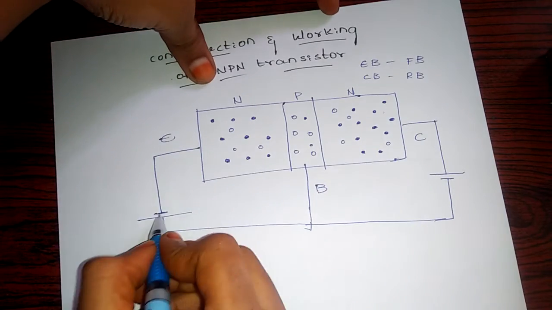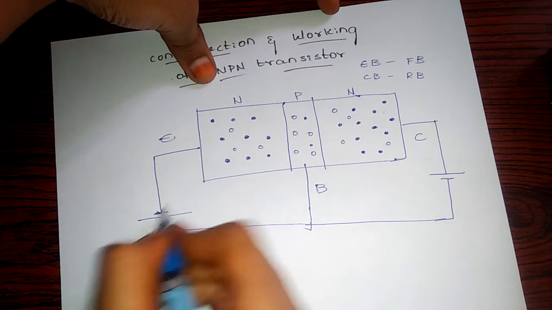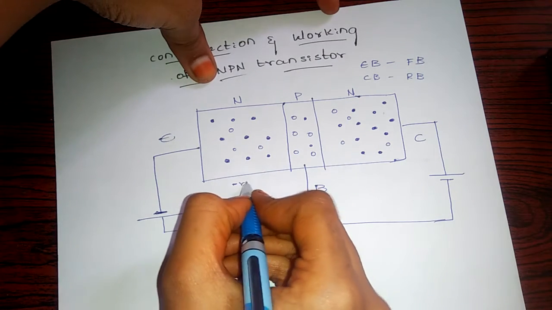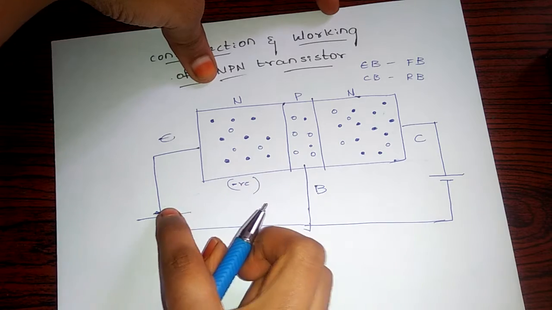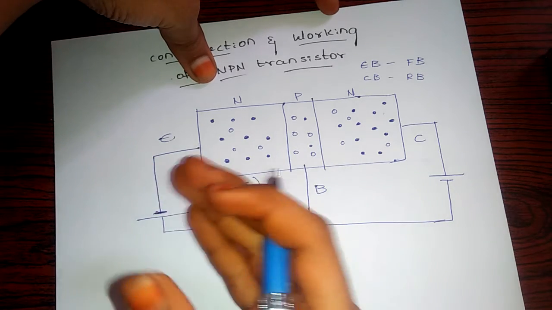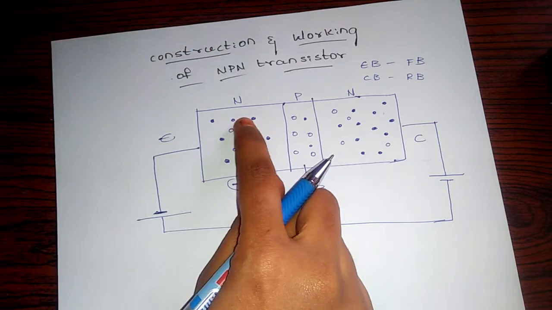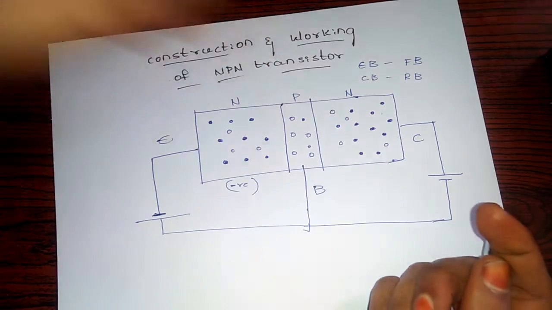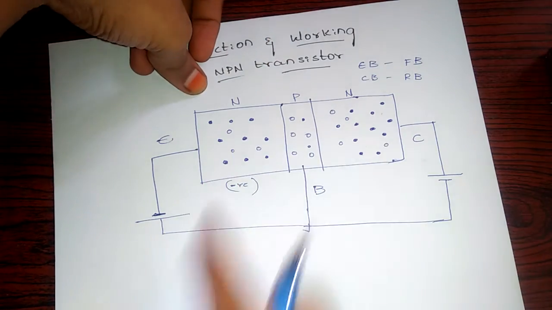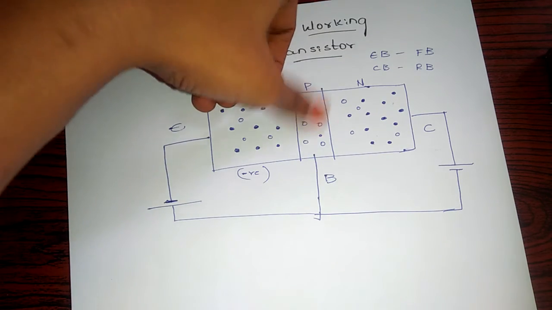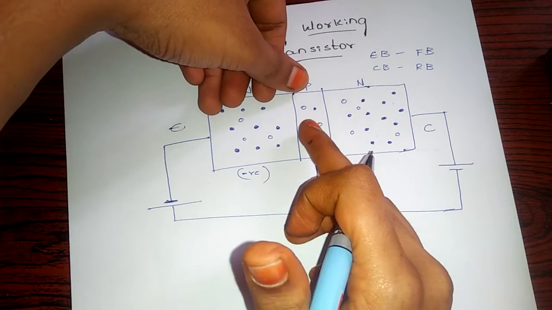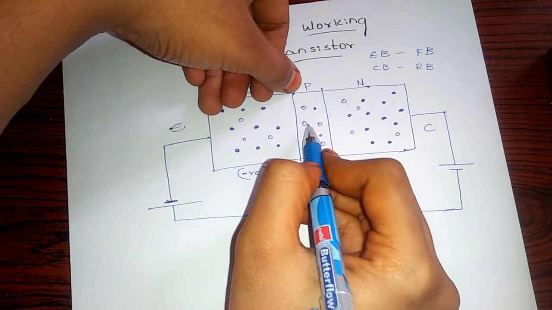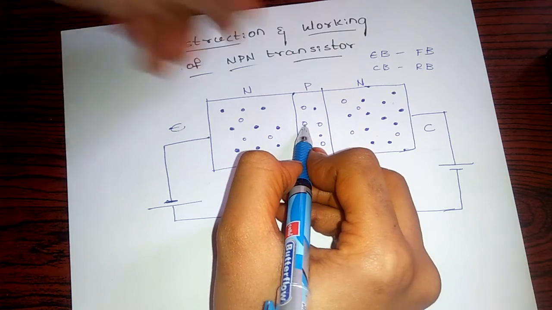As it has the negative terminal here, the electrons are of negative charge. These negative charges and the negative terminal tend to repel, and the electrons will move towards the base and then to the collector. While crossing the base region, electron hole recombination happens, as the base has holes as majority charge carriers.